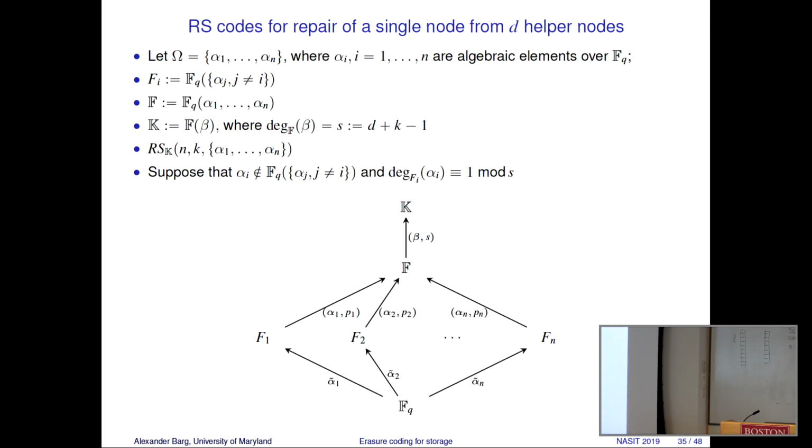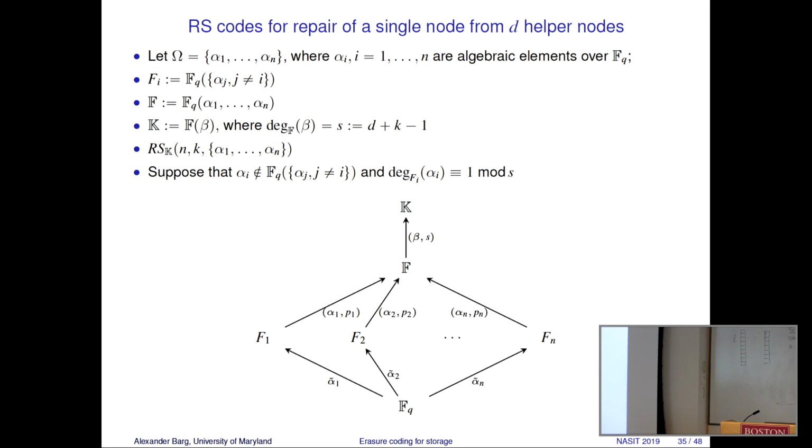What we want is that none of the alpha i's is contained in the extension of F_q where we adjoin all the other alphas. This is kind of an algebraic orthogonality property. We take alpha 1 through alpha n as the evaluation points, and what we want is that alpha i is not an element in the field to which we have added all the other alphas.